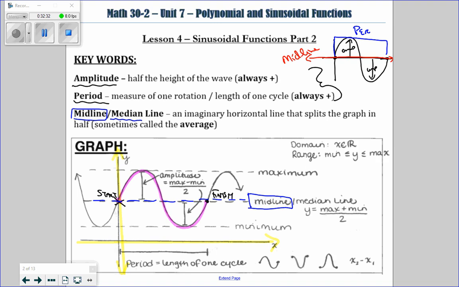Always. The amplitude is the distance up, or you can think of it as the distance down.